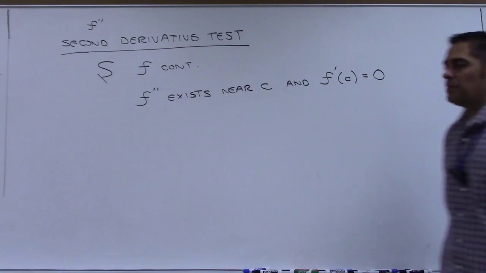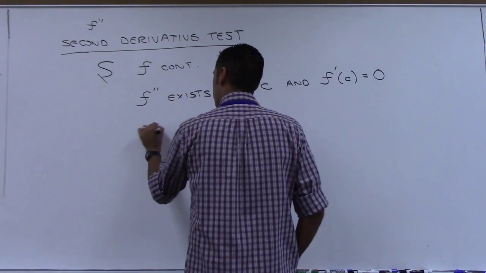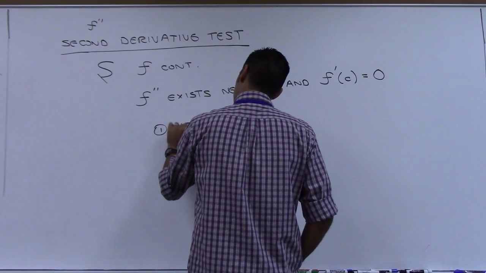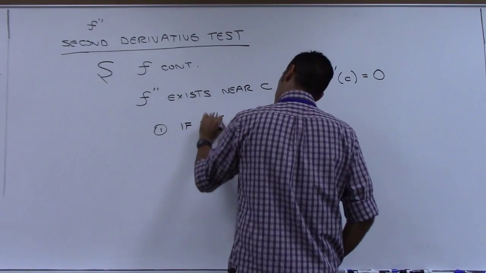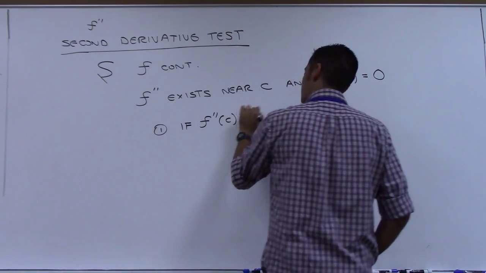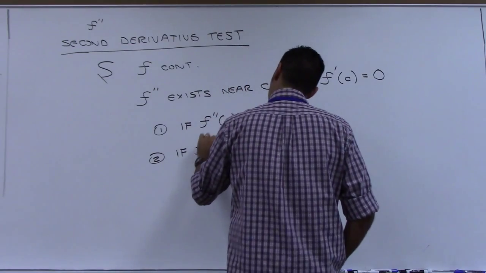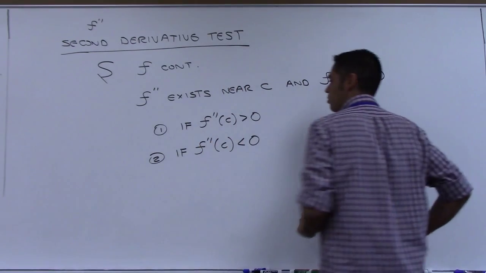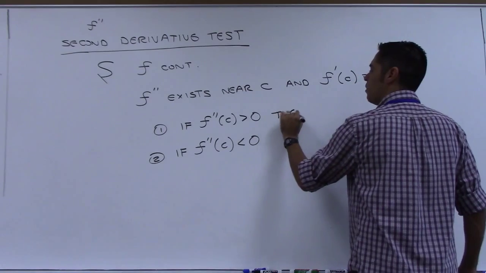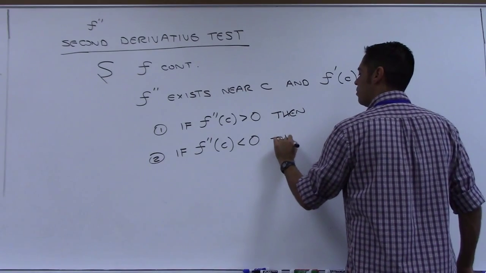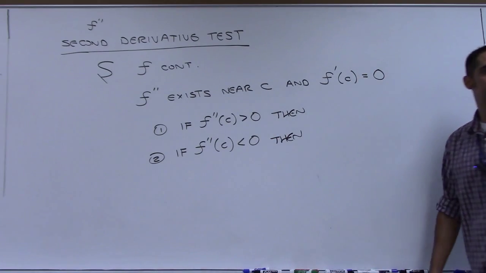We have two different things that could happen. One, if f double prime of C is positive, something is true. If f double prime of C is negative, something is true. I'm not going to tell you what they are. I want us to determine them from a graph.